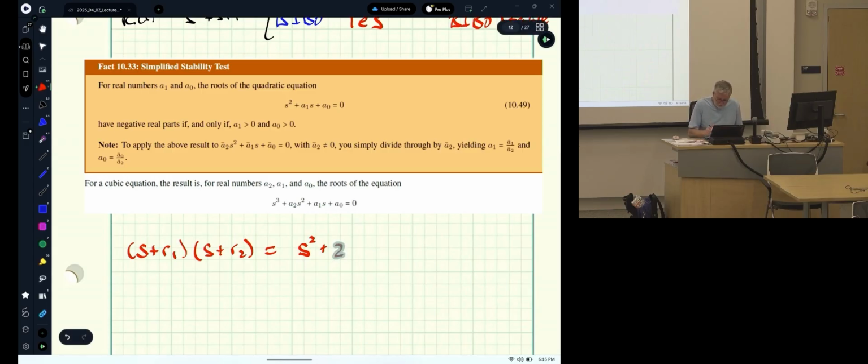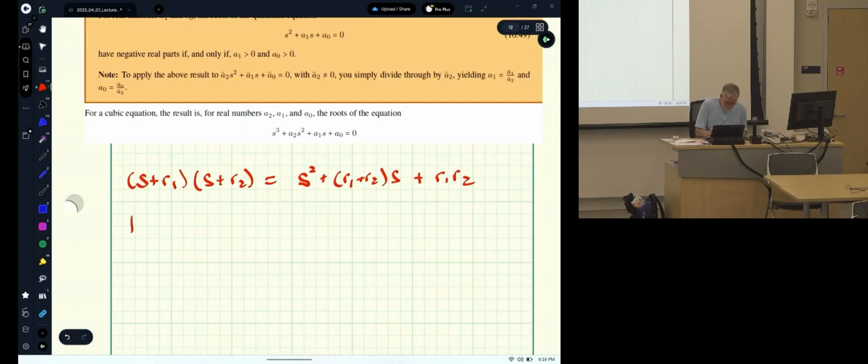There's not a 2 here, it's R1 plus R2 times s plus R1 R2. Okay, so p1 is minus R1, p2 equals minus R2, the poles. We want the poles to be negative. We want R1 and R2 to be positive. Well, that's if and only if this term is positive and this term is positive. Okay, it's that simple.